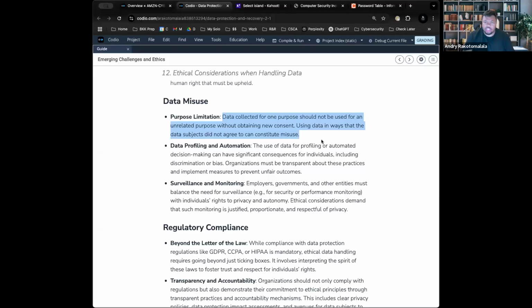Just the same way, maybe you do not need to collect someone's year of birth. Smart marketing companies don't collect the year. They just collect the month and the day so that they can target them with happy birthday ads. So that's a limitation of just collecting the data that you need.